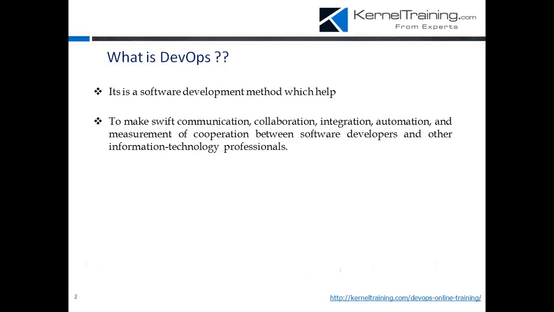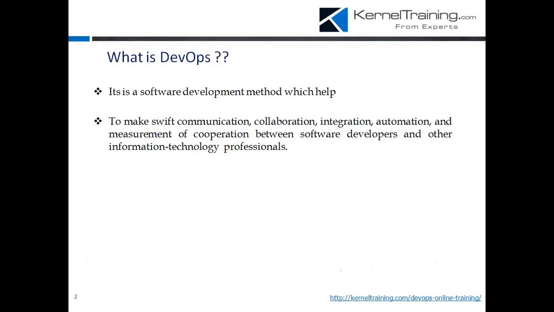A collaboration term. When we say collaboration, it's a collaboration between development and operations. A guy should have the development knowledge, and a guy who is doing the development should have the operations knowledge. A person who is binding the development as well as the operations is one of the valuable key resources in the industry.